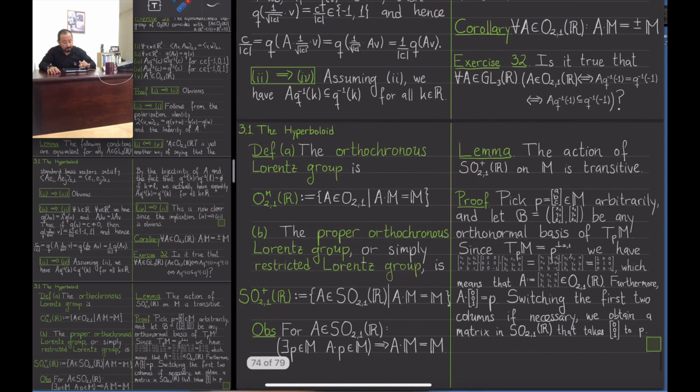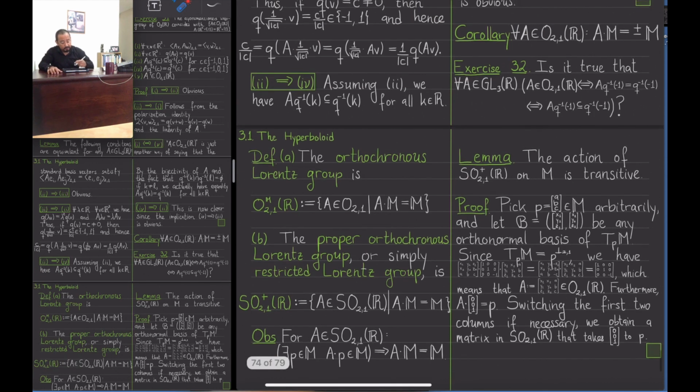Then next thing, this is a useful observation. Consider elements in SO21R, the proper Lorentz group, not the restricted, but the proper. Those have determinant 1, but they can still exchange the two sheets.